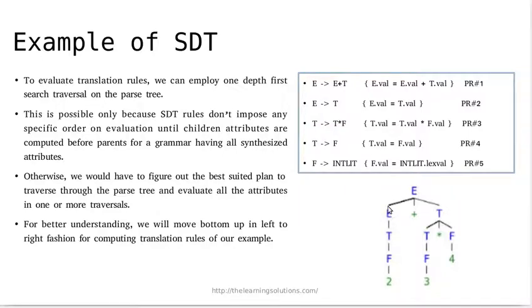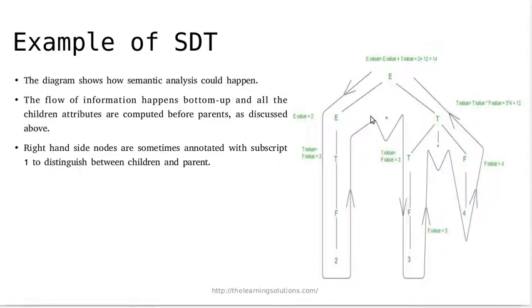So simply perform the addition, 2 plus 12, and this value will be assigned to E. So the value of E is nothing but E value plus T value. What is E value? It is 2, plus T value, which is 12.